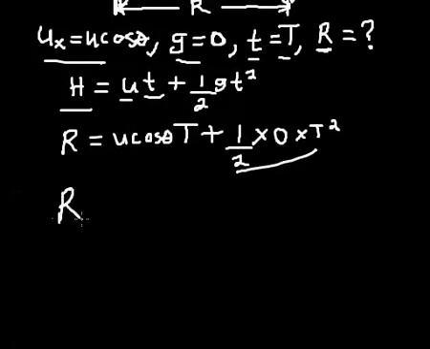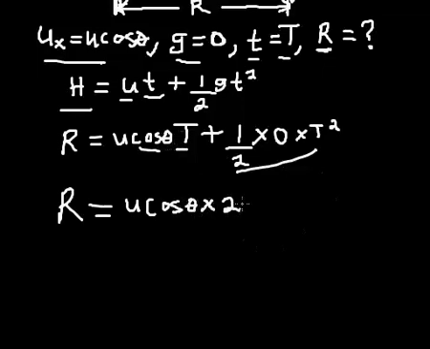So I have the range being equal to u cos theta multiplied by T. Remember our T, time of flight, that is 2u sine theta all over g.